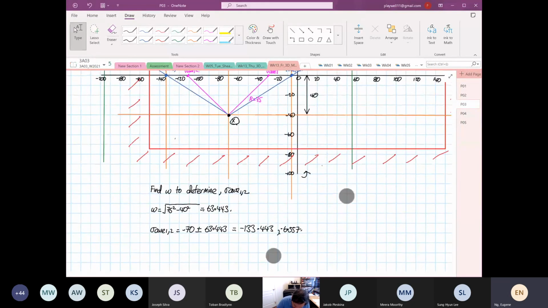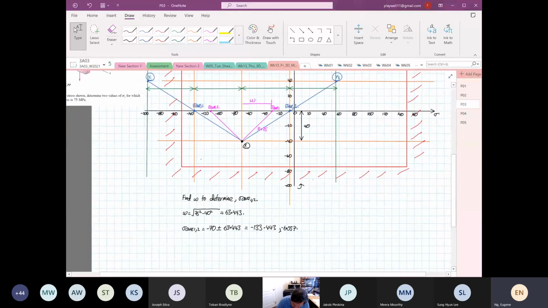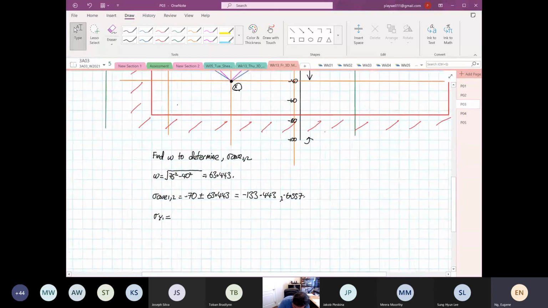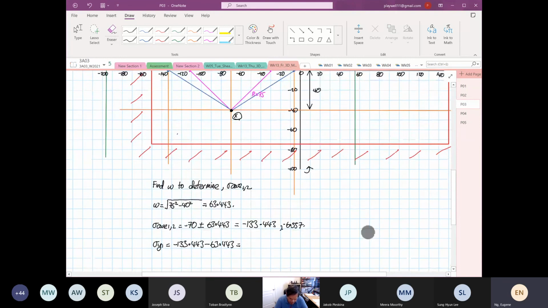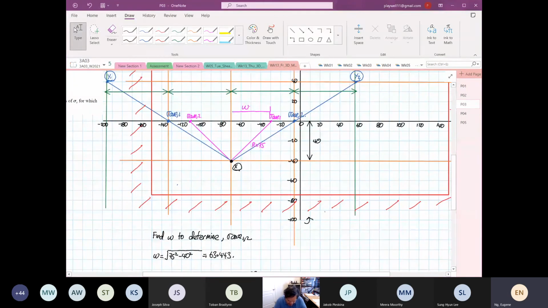So stress Y1 is equal to minus 133.443 minus 63.443, because it's on the left hand side of X, yes or no?